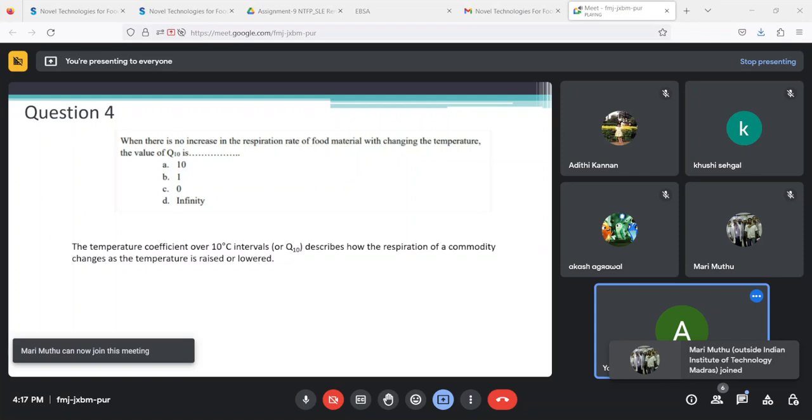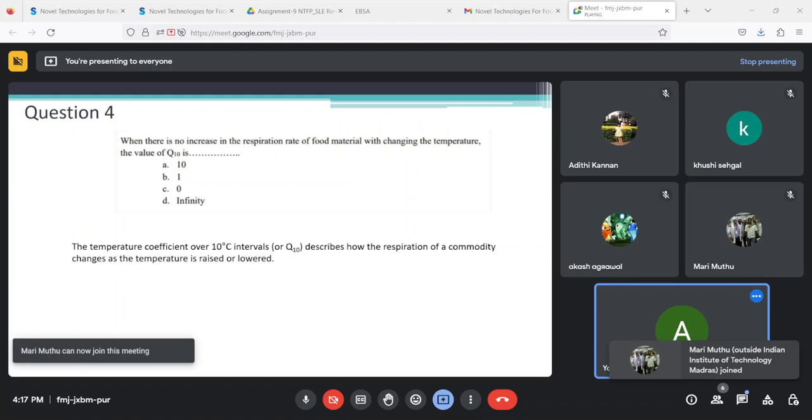So if you raise the temperature of the environment in which a particular product is placed, the respiration rate of the food material will also change. Generally in a particular range it will change. So Q10 is basically the ratio of those rates.